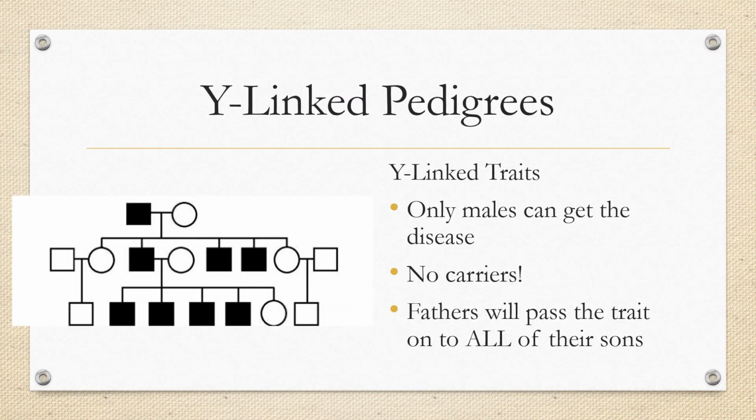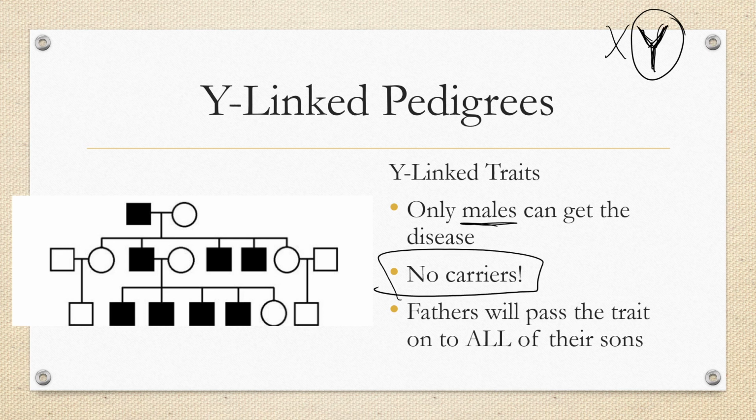You also have Y-linked disorders. These are very, very rare, but only males can get the disorder because it's linked to the Y chromosome. Women do not have Y chromosomes, so they won't be able to carry these disorders. No carriers at all because you either have a Y chromosome or you don't.